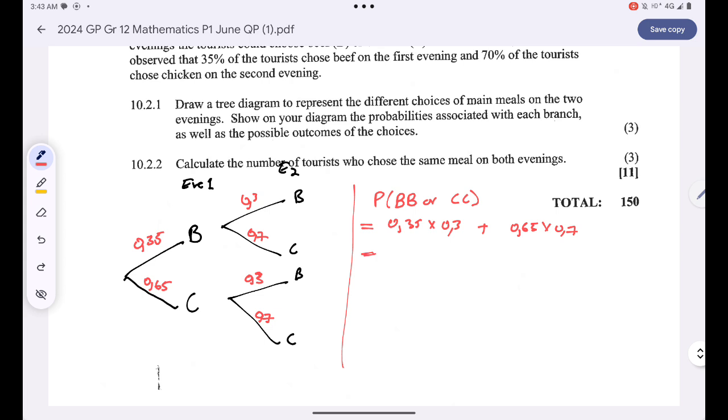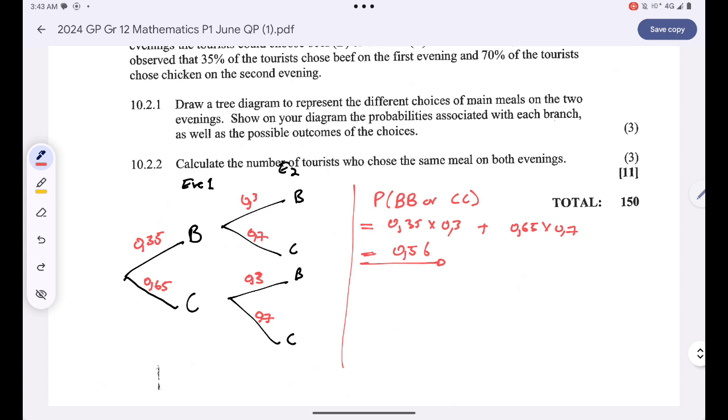This gives me 14 over 25, which is 0.56. The probability that the tourist will choose the same meal on both evenings is 0.56.